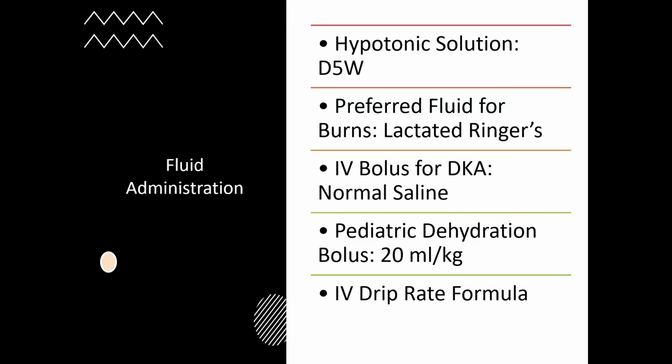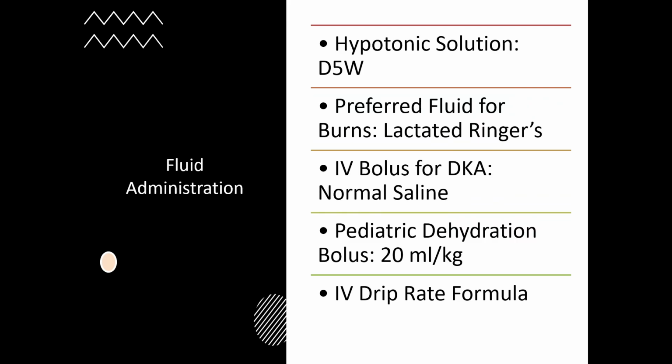And I don't want to get too technical, and I don't want to get too much in the weeds here. I don't want you to get confused between what D5W is as a hypotonic solution, right? But it can become isotonic once that D5, the sugar, is used for metabolism. And so, but again, I don't want to confuse you.